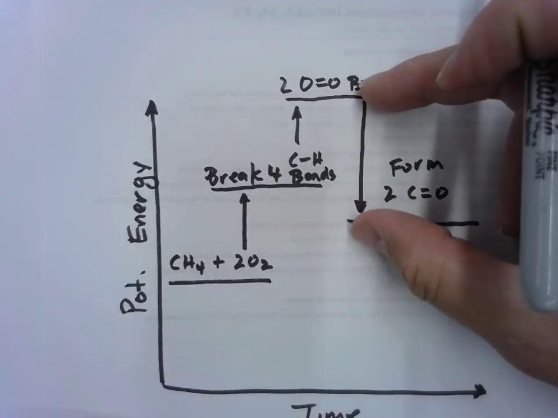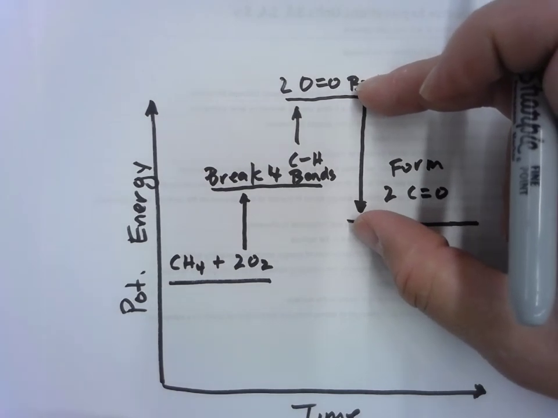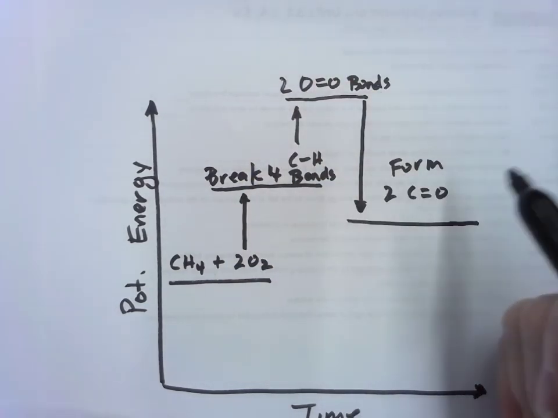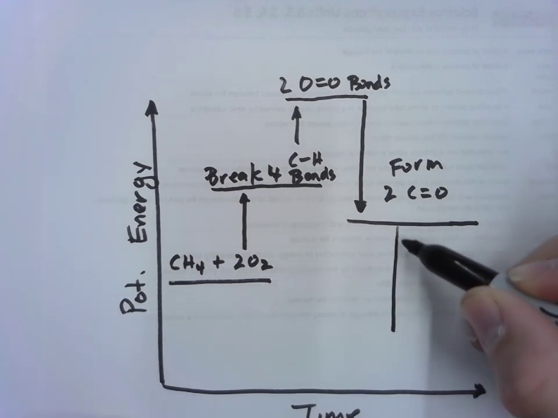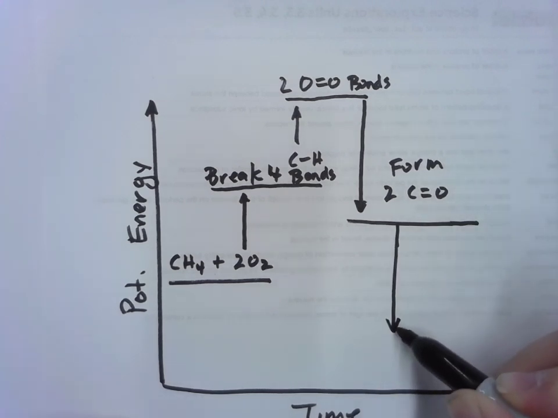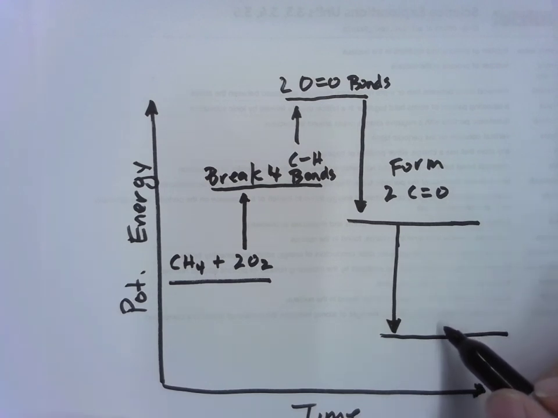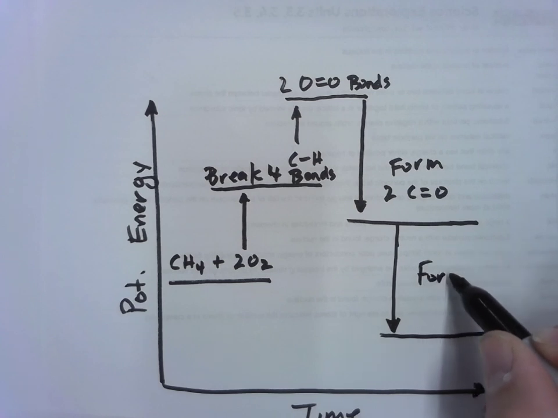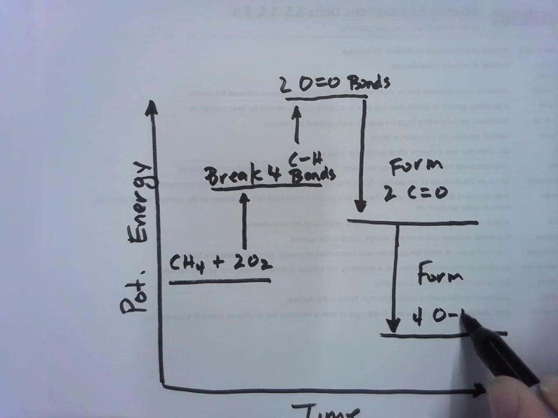So that actually releases more energy than either one of these two, doesn't it? Hence the longer arrow. And then what else happens? We form four OH bonds.